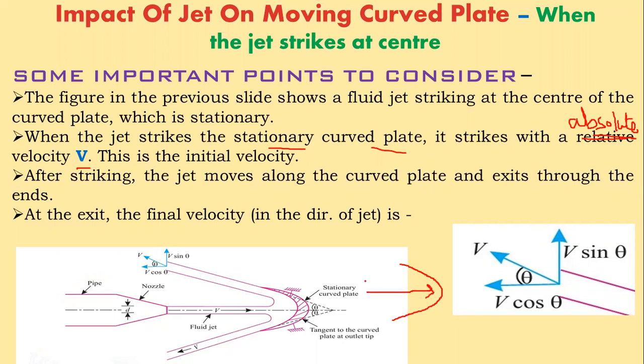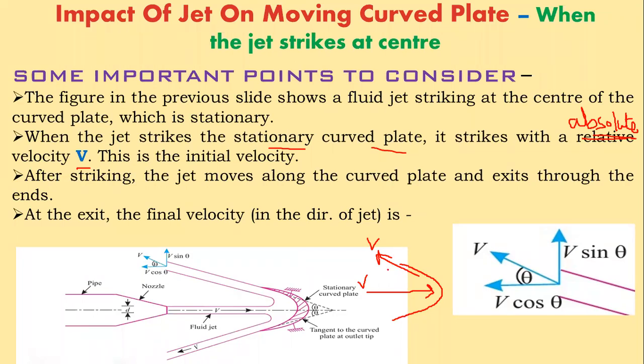So this is the initial velocity V. Now after the jet gets deflected, it is going to fall out with again the same velocity V, because what we are going to assume here is that there is no loss of energy after the jet strikes the plate. Okay, so as the jet enters with a velocity V, it will exit with the velocity V only. Now, but this V is in an inclined position.